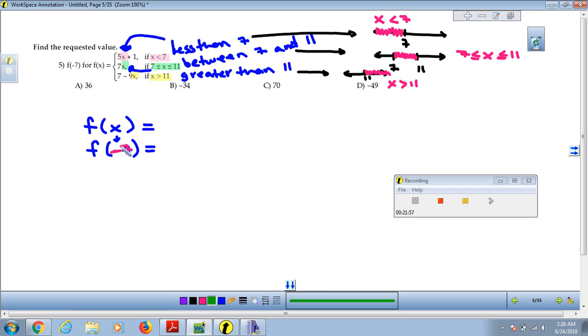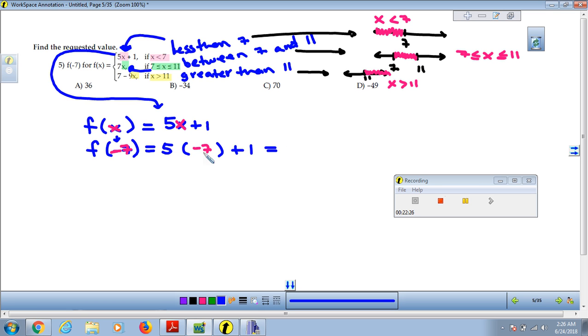So the only domain where this negative 7 value fits is the first domain. So you're going to substitute it into the first equation, into 5x plus 1. You copy all the equations, and into this x, you're going to substitute this value that is given to you.